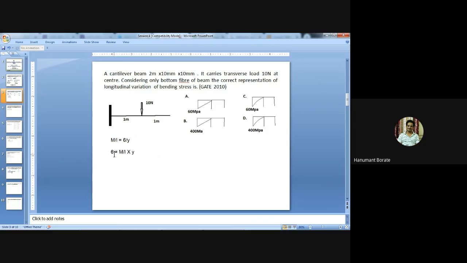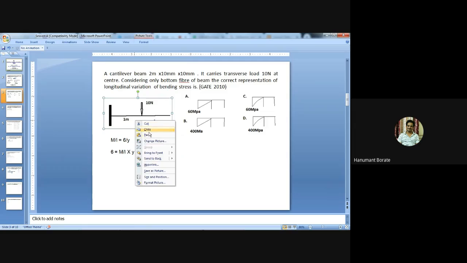Again we are going to use the same formula, sigma equal to M by I into Y. Now we need to calculate the bending moment just right of this point A. Okay, we'll calculate the bending moment.